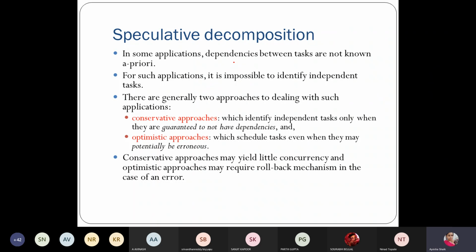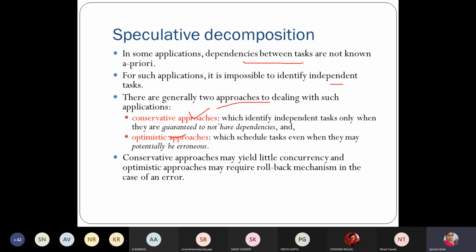In some applications, there will be dependencies between the tasks which are not known a priori, so it is impossible to identify the independent tasks for such applications. To solve that kind of application, we follow two approaches: one is the conservative approach and the other is the optimistic approach.